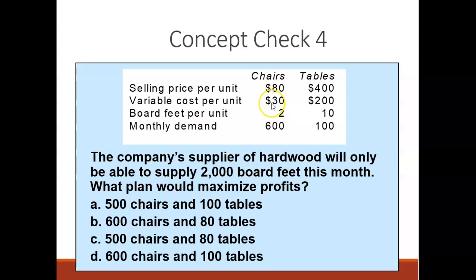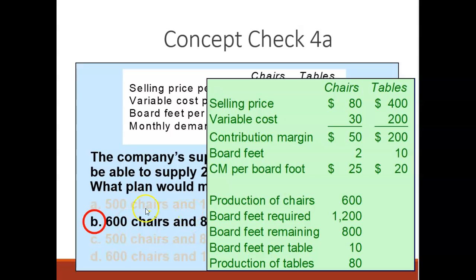So the contribution margin per board foot is 50 divided by 2, $25 per board foot. Here are the tables. We have $200 of contribution margin divided by 10, $20 per board foot. $25 per board foot, $20 per board foot. We're going to make all of the chairs, and what we have left in board feet, we're going to make tables. That's why B is the correct answer.